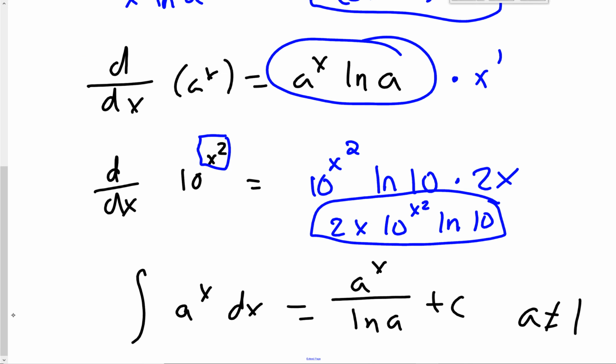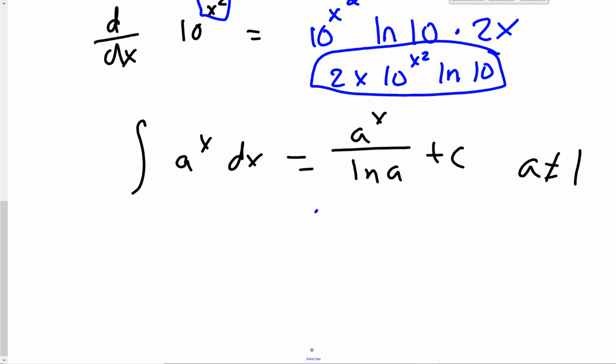Okay, so there's that rule, and then we have this one as well. The integral of a raised to the x is a to the x over ln of a plus c. And so that's how that one looks. So if you're taking the integral of any base raised to x, you can rewrite it like that.